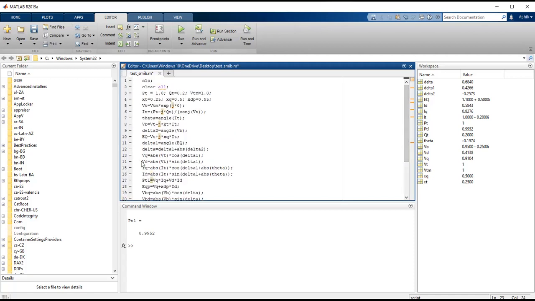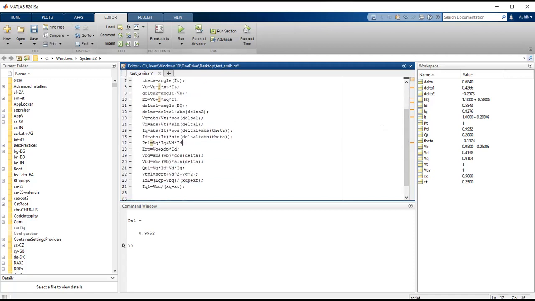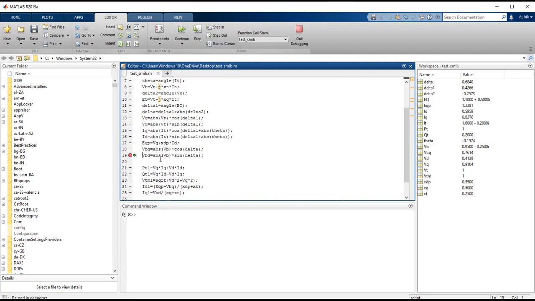Okay, now let's check. Let's go into the debug mode and put everything in sequence. This is the checking. So starting from line 21, these are for checking. So let's come up to this point first. So we can check, yeah, these are complex quantities. We have some values. Now let's continue with the debug mode.